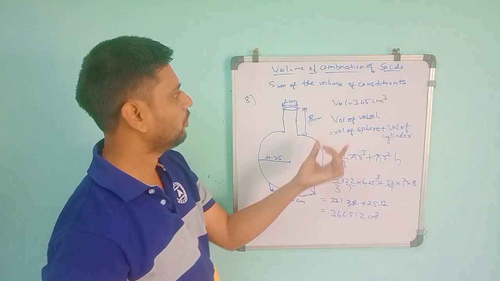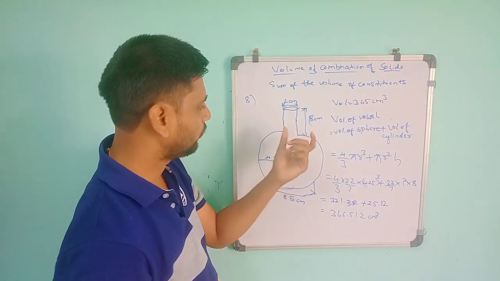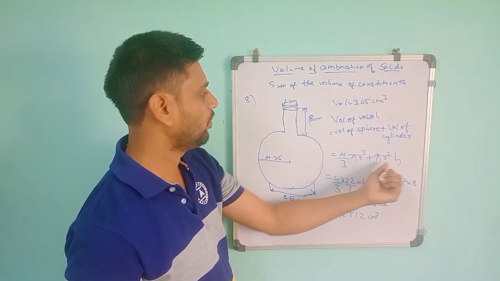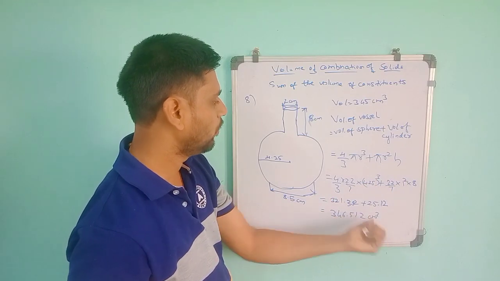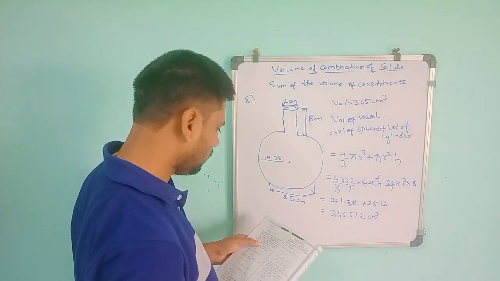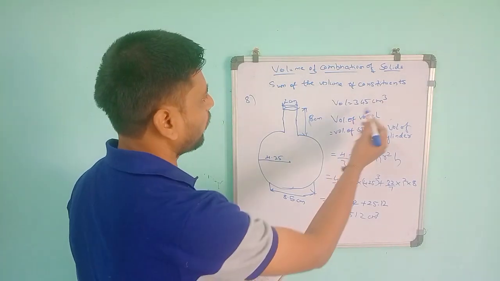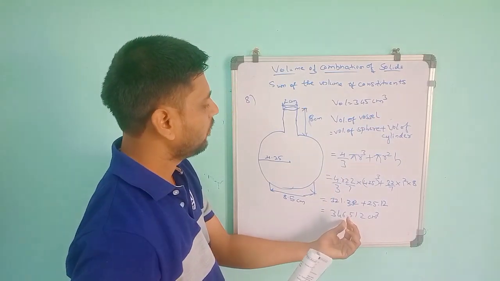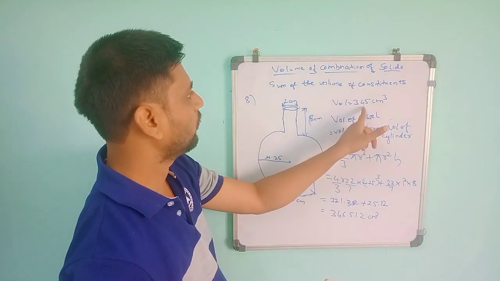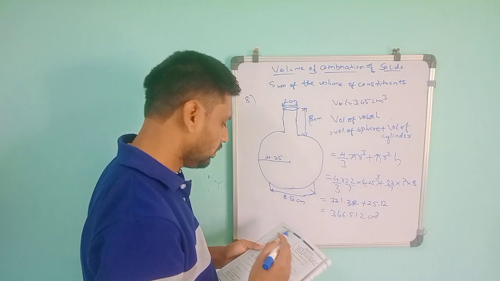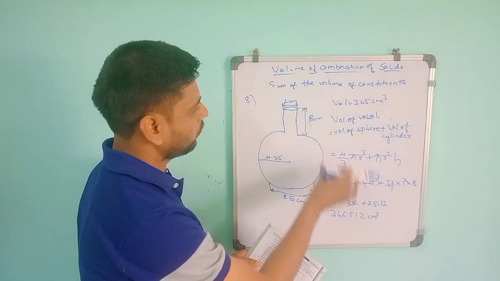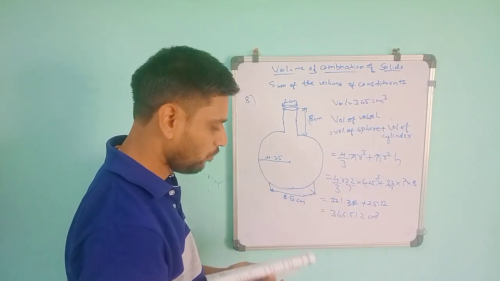So she calculated the volume as 345 centimeter cube, but when we actually calculated by the steps, volume of sphere plus volume of cylinder, 4 by 3 pi r cube plus pi r square h, we got 346.512. So she calculated the volume as 345, but it is not equal, because it is coming to 346.512 centimeters. So this is 345, so it is not correct. The child's answer of 345 is not correct. When you take the values and find the volume, you will get 346.512 centimeter cube.